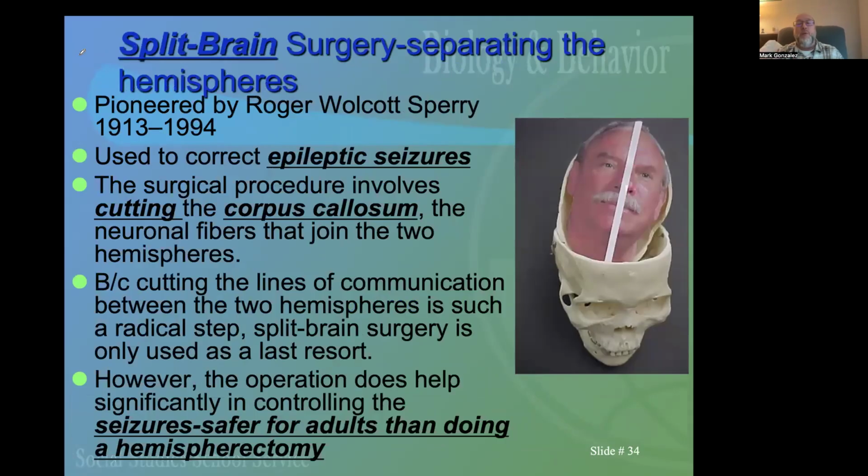Getting back to the actual brain and different parts of the body, we did talk about removing hemispheres of the brain. There were others, before hemispherectomies, like Roger Wolcott Sperry, who pioneered split brain surgery. So leave both hemispheres in, but what he did was snip the corpus callosum.